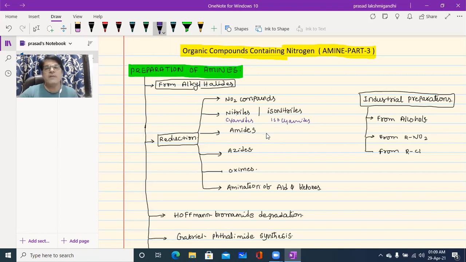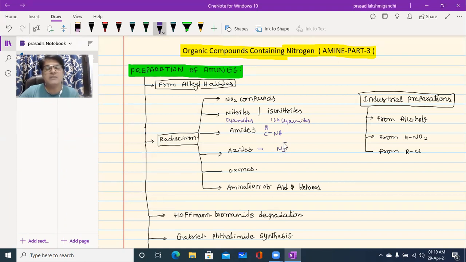Next, amides. How can we identify amides? C double bond O, NH group. If it is there, then simply we can say amides. Azide means it contains N3 minus, isn't it now?